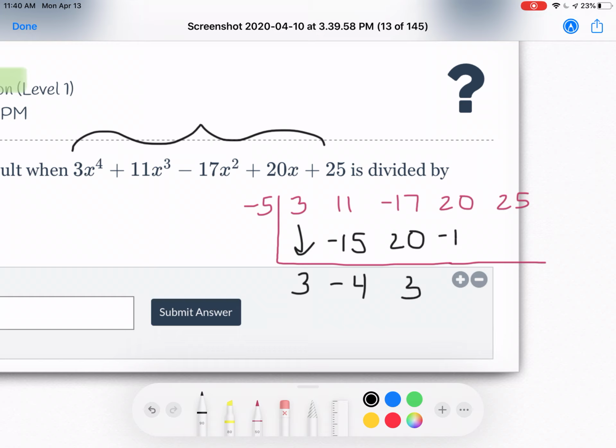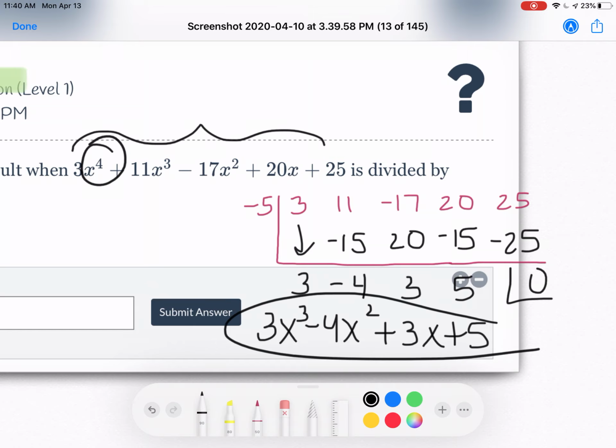So multiply, add, multiply, add. Okay, so we do know that x plus 5 is a factor. Now they want us to write the answer to this. Well, I started with the power of 4, so that means I'm going to start with a power of 3 and then just descending. Okay, and that would be my answer I would plug in.